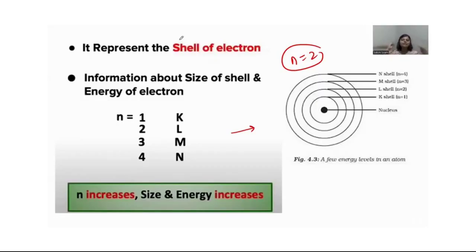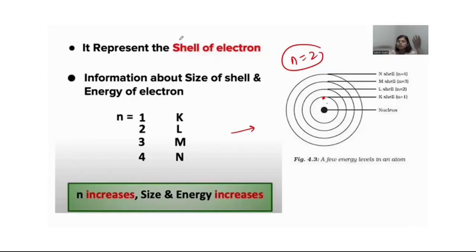So the greater the n, the larger the size, and the energy also increases. I told you, the closer the electron is to the nucleus, the less is its energy, because it is more stable. The nucleus has a positive charge and the electron has a negative charge, so it is stabilized by the force of attraction between them.